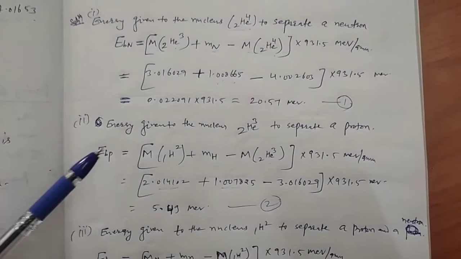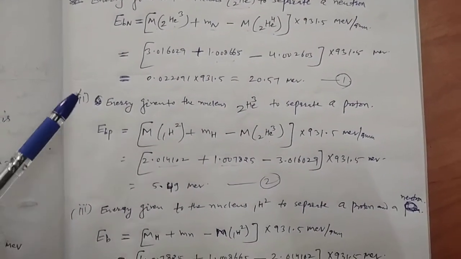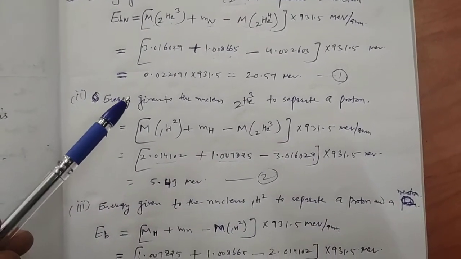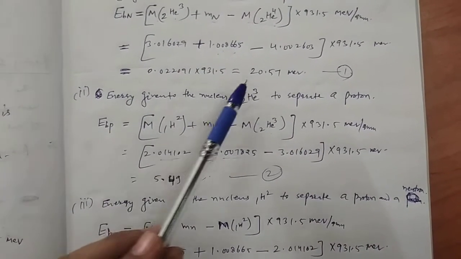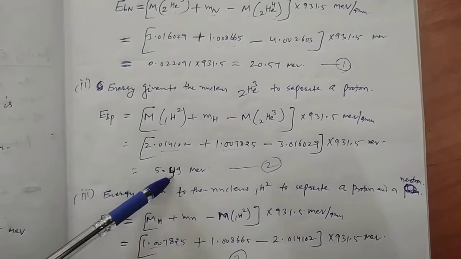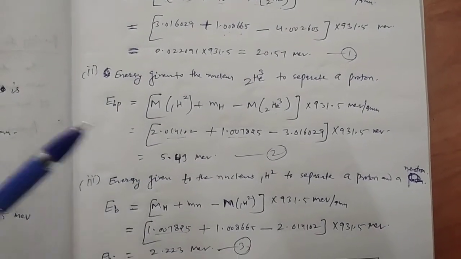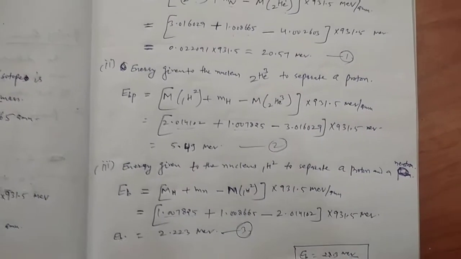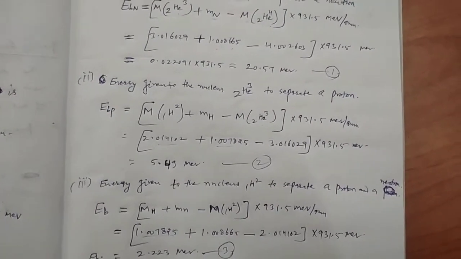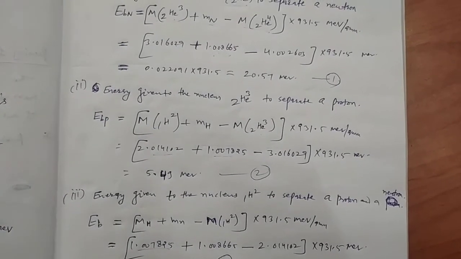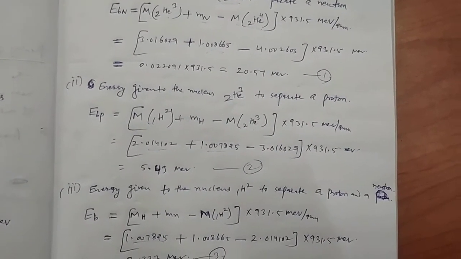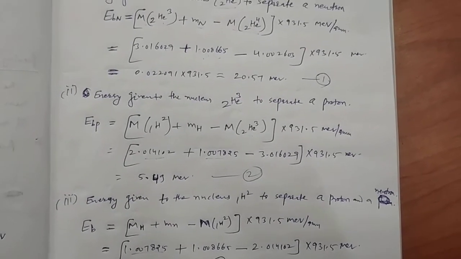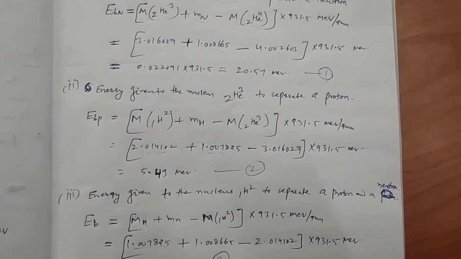From these three steps we must note that if we add these three, 20.57, 5.49 and 2.223 MeV, we get 28.3 MeV. So if we calculate the binding energy of the alpha nucleus directly, we get a binding energy of 28.3 MeV.